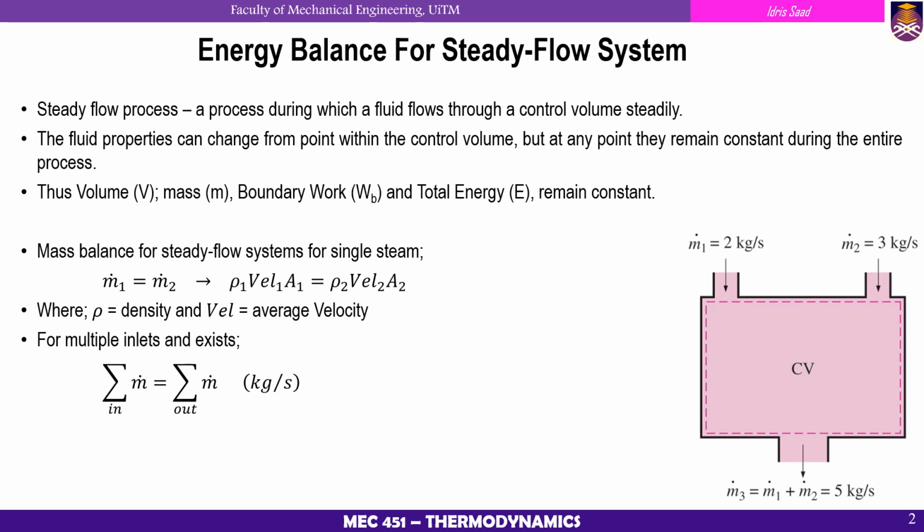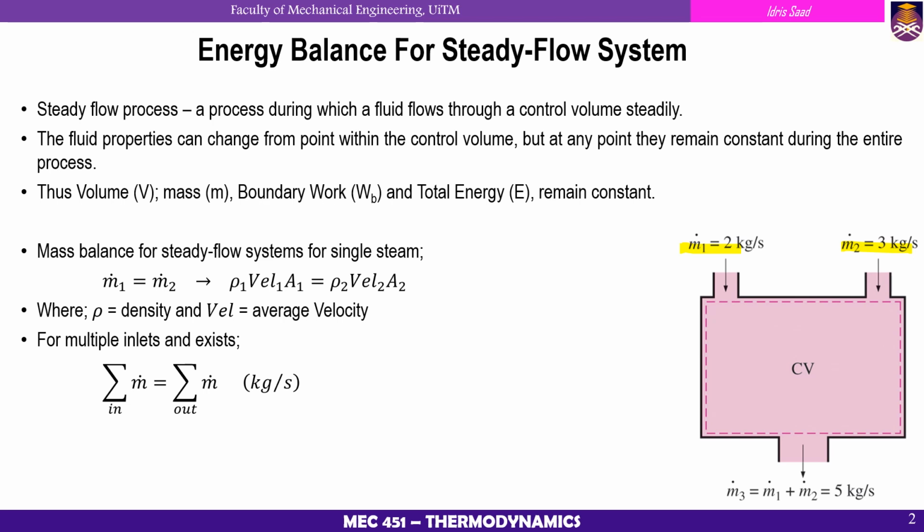Referring to the figure given in this slide, that open system consists of two inlets and one outlet. The inlet on the left-hand side of the system only allows 2 kg per second of the fluid to flow through it, and the right-hand side will only allow 3 kg per second of the fluid to pass through it.